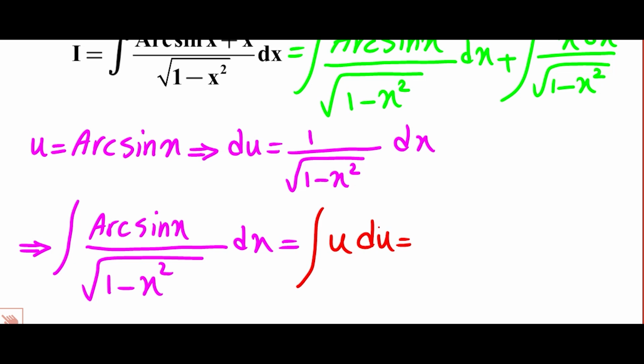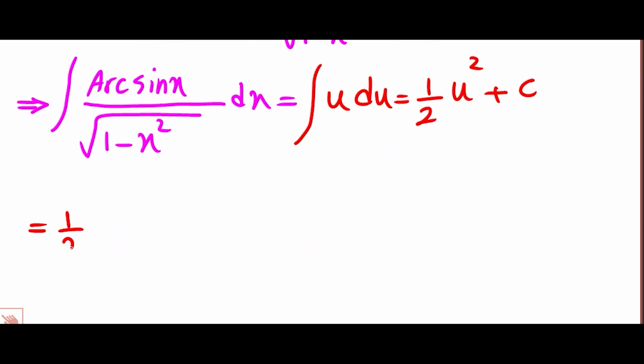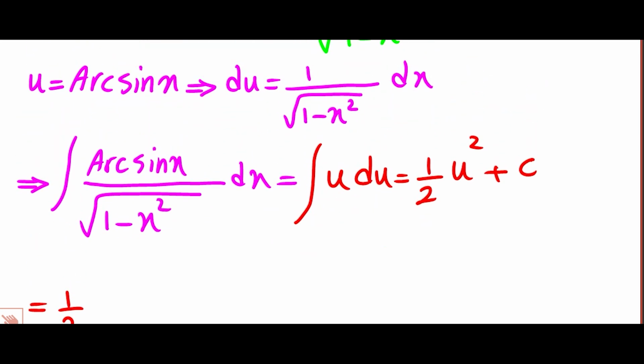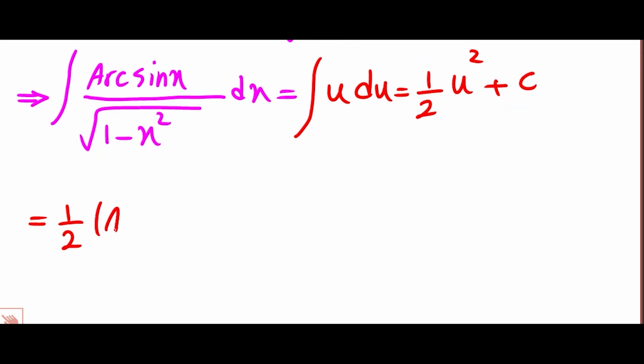If we use the power rule, we have 1/2 u squared plus c, or 1/2, u is arc sine of x, arc sine of x squared plus c.